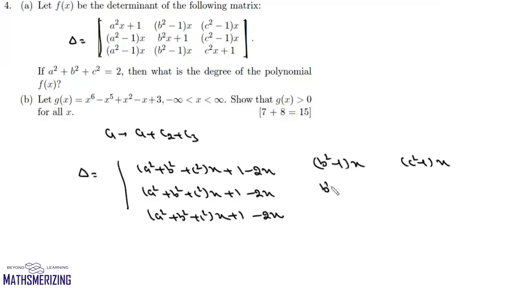This is b square x plus 1, c square minus 1x, b square minus 1x, and c square x plus 1.